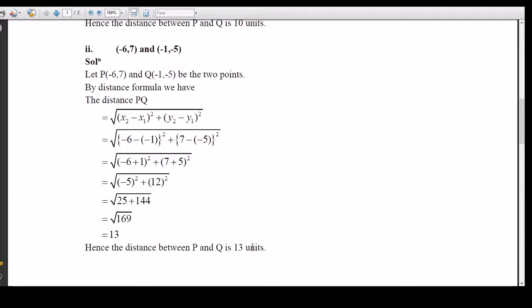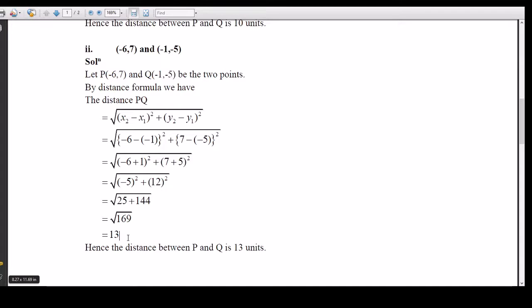Why are we writing units here? Because distance should always be measured in centimeter, meter, or kilometer, whatever it is. Here there are no units given in the question, therefore we cannot say that it is 13 cm or 13 meter. We don't know how much the length is, but yes, the value we know is 13, but the unit we can't say.